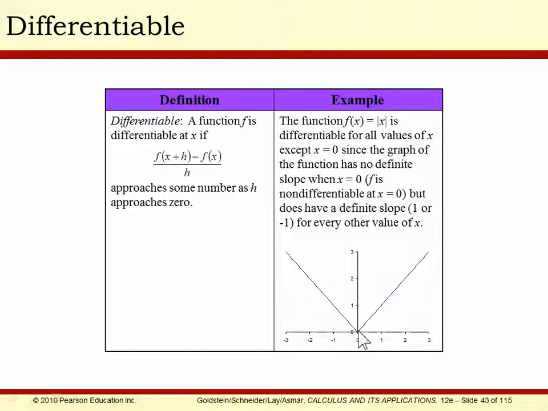Okay? So not all functions are differentiable, and an example of that is the absolute value of x, which is this function that looks like this. And the reason is you have two straight lines pasted together, and where they intersect, you're not sure what value the slope should have there. Okay?